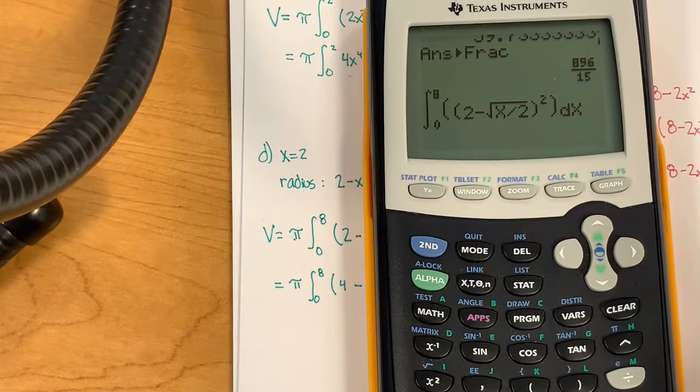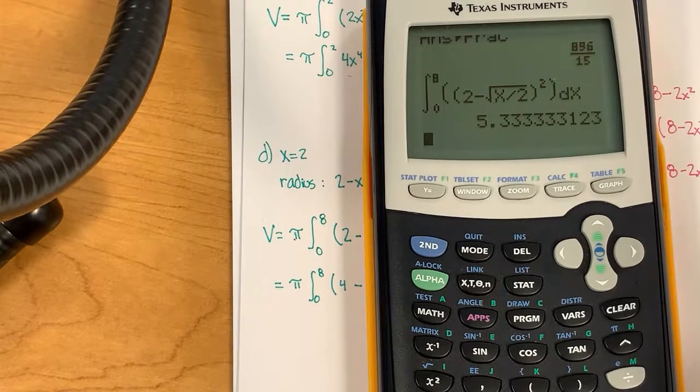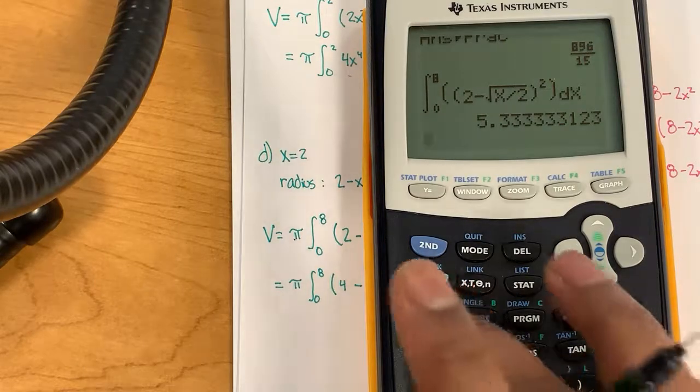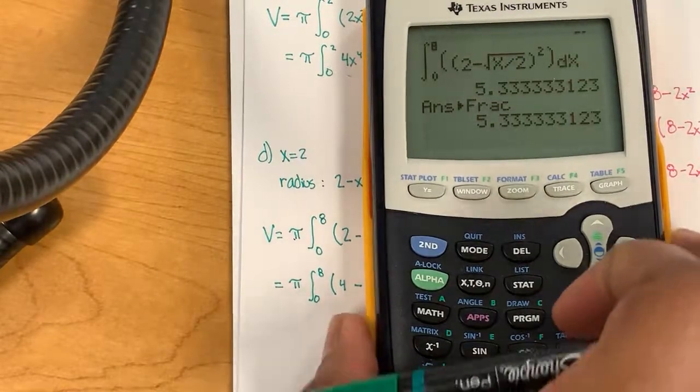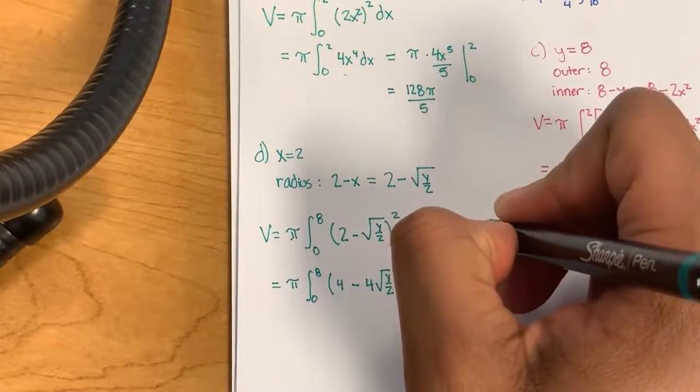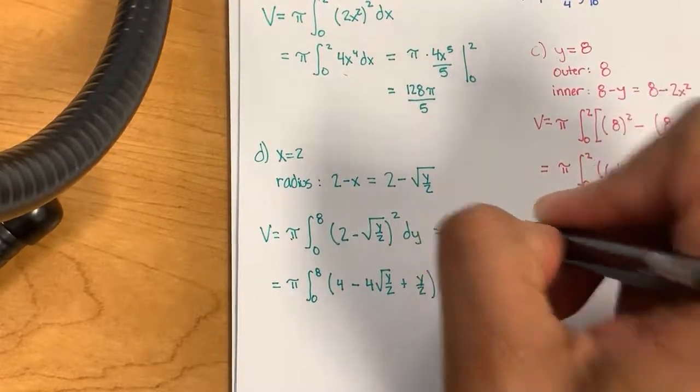We get, I think this is an irrational number, 5.33 pi.